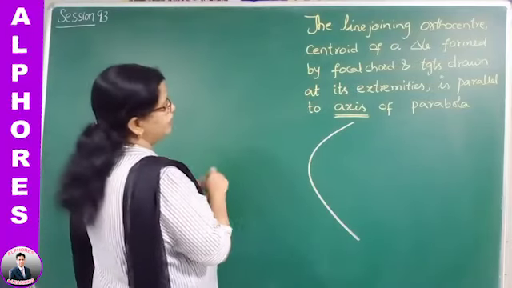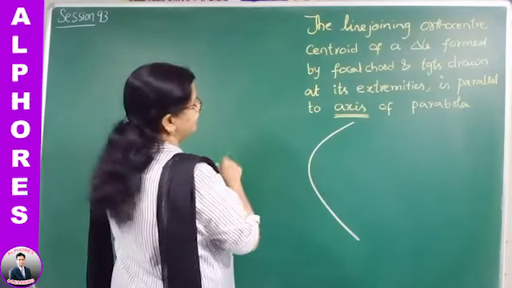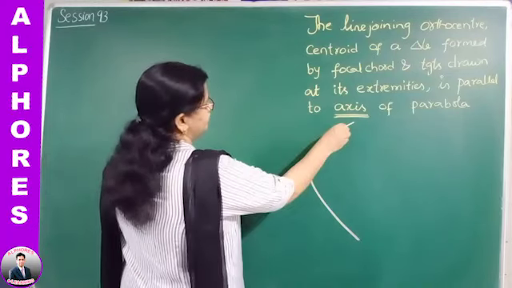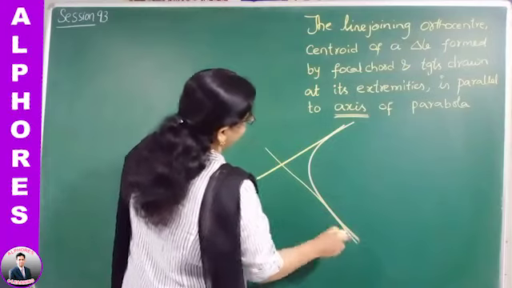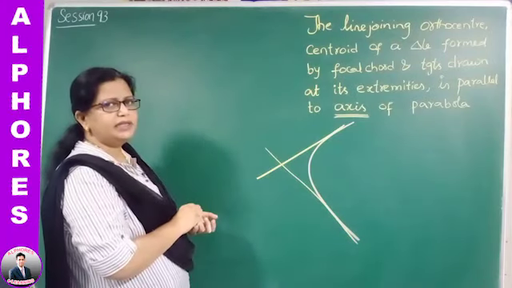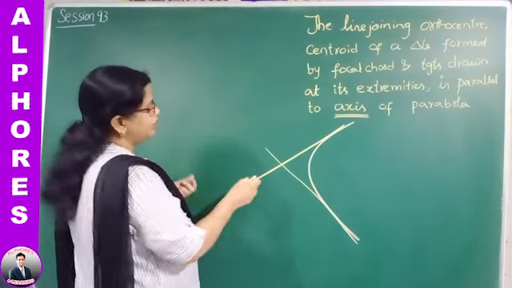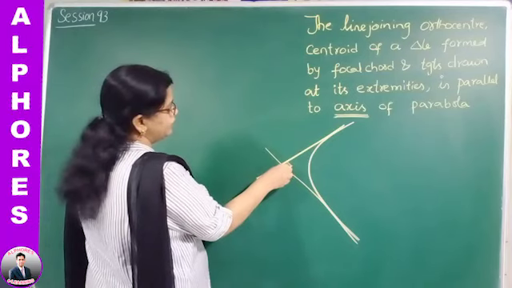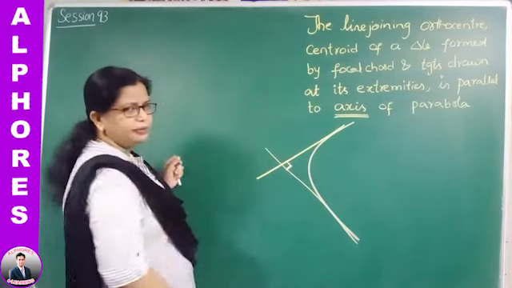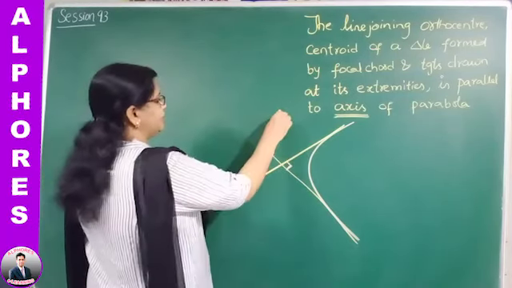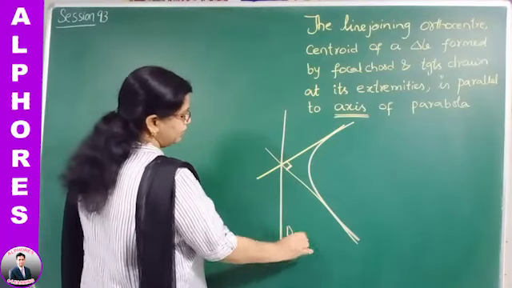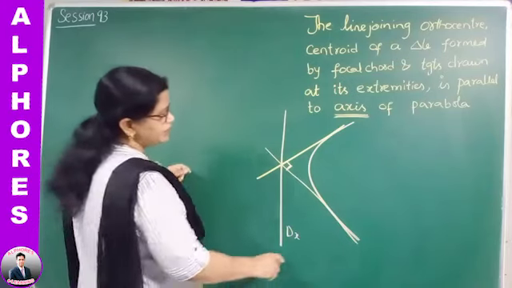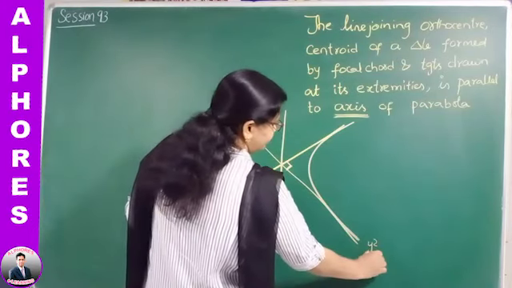So this is one tangent and this one is the other tangent, and all of you know whenever tangents are drawn at the extremities of a focal chord, they intersect on the directrix, moreover at right angle. Therefore clearly this line is nothing but the directrix.